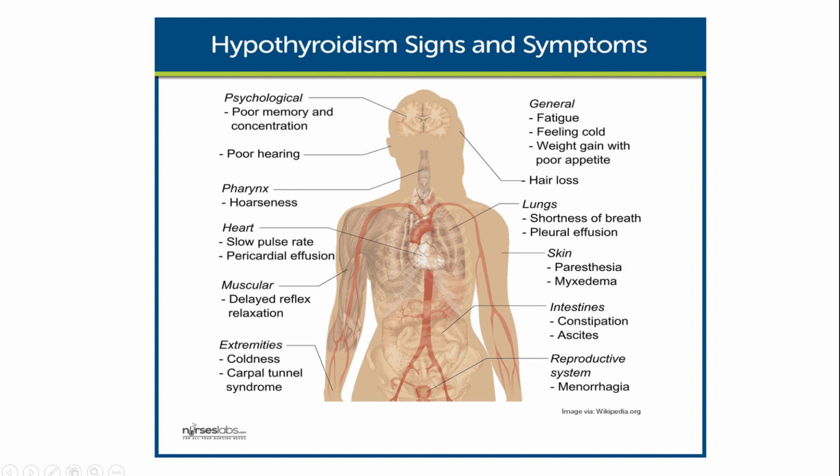Psychologically, the patient may have poor memory and concentration, hearing may be impaired, and he may experience hoarseness of voice. On examination, we can find that the patient has bradycardia and the muscle reflex shows delayed relaxation. The extremities may be found cold and carpal tunnel syndrome may be present.